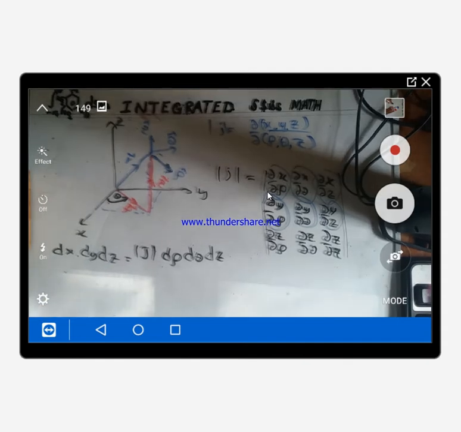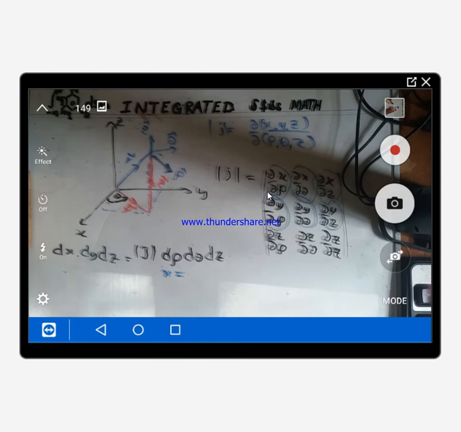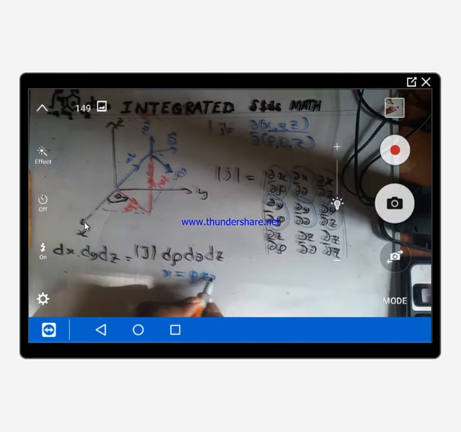That's pretty easy. This is the x-axis, so x can be written as the magnitude of the x vector, with no need to use the vector at this moment. x is equal to rho cos theta.